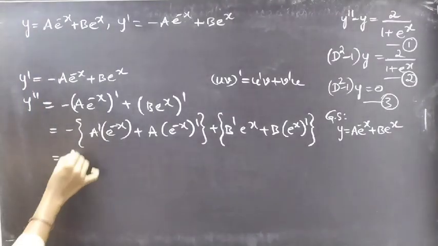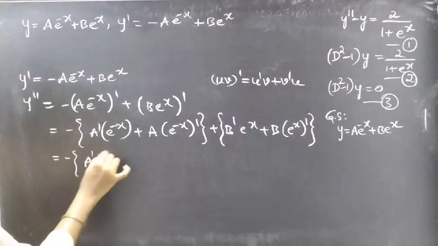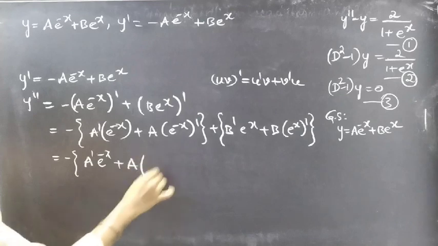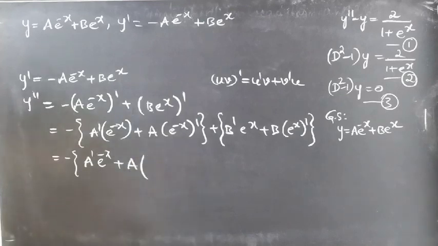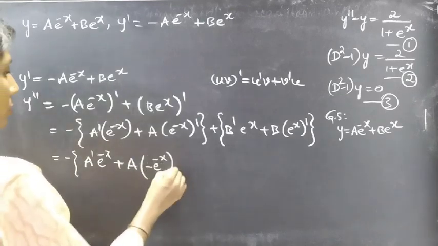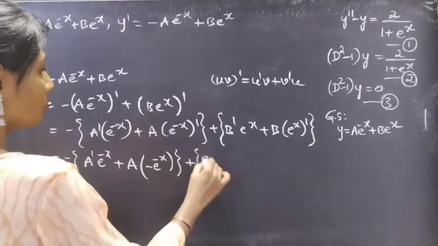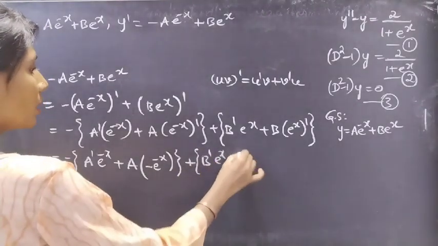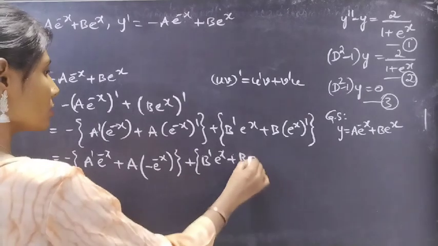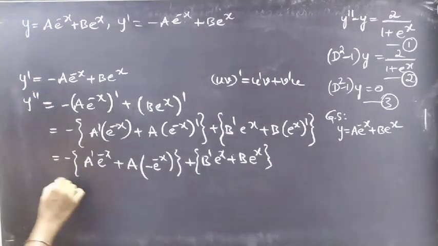This equals minus of a dash e power minus x plus a into the derivative of e power minus x with respect to x, which is minus e power minus x, plus b dash e power x plus b into the derivative of e power x with respect to x, which is e power x.